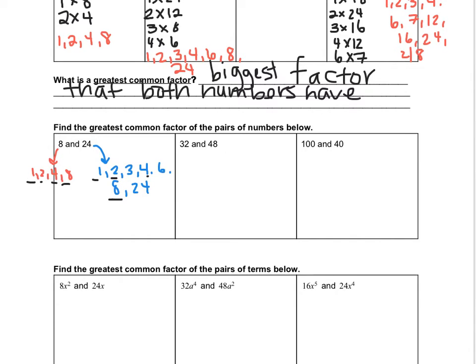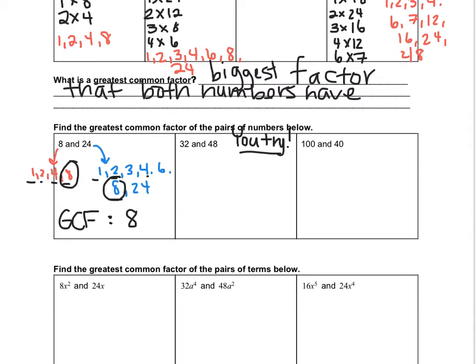But the biggest one in both lists is 8. So the greatest common factor, which we sometimes abbreviate GCF, is 8. Now, you would need to try this one. You try this one. I will do the next one.